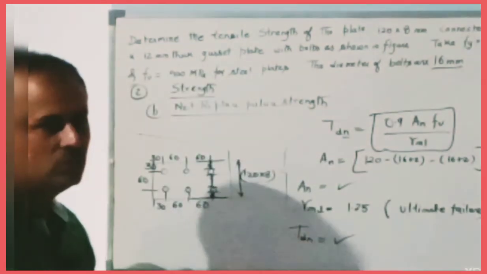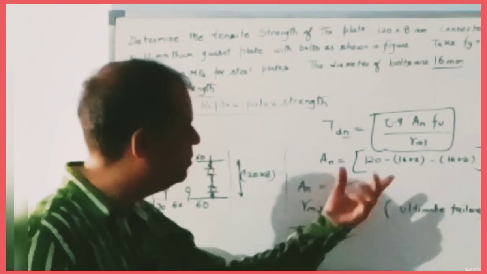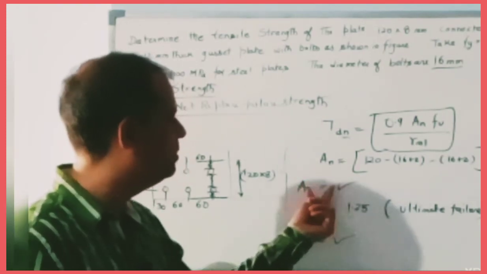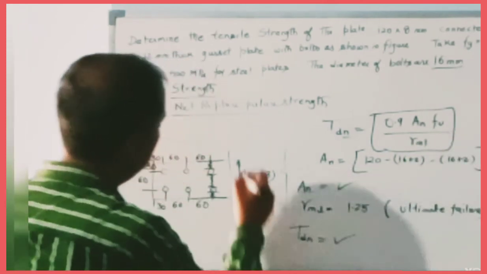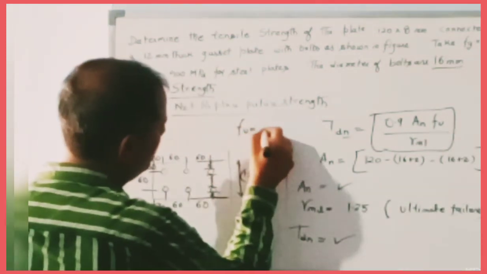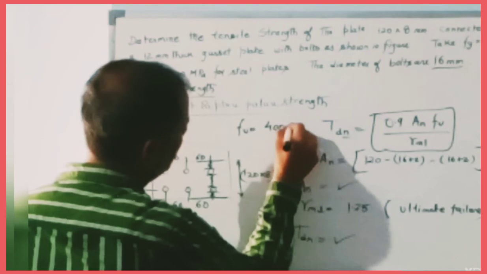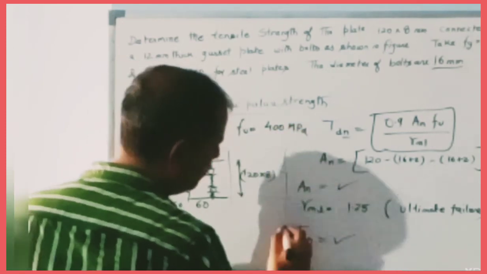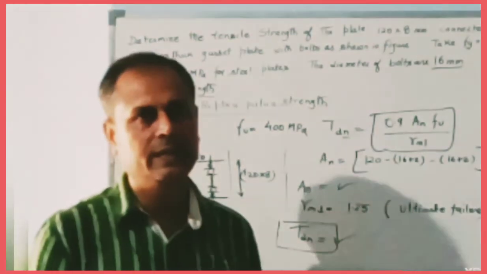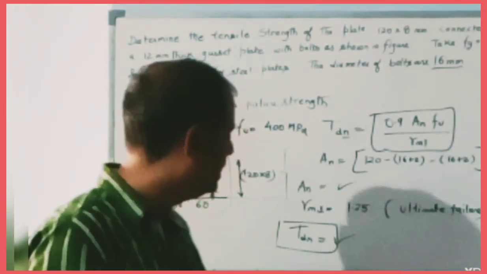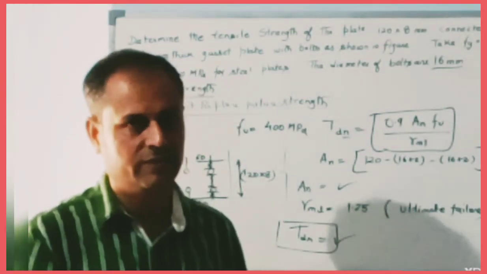I am not going to calculate it; you can easily put in the value calculated for the net area, gamma m1 and Fu. All of it is given in the example itself; Fu is 400 megapascal. So we can calculate the net rupture failure strength of the tension member. We have already calculated the gross failure strength, and now we have calculated the net rupture failure strength.